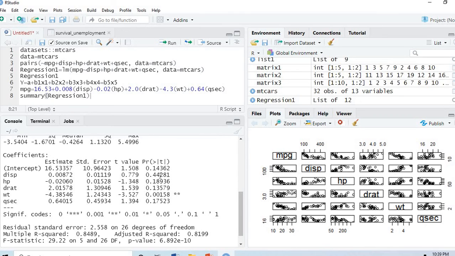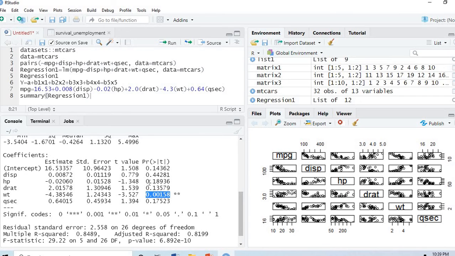Now in this case, the p-value is only significant for the weight. And what is the value? The value is 0.00158, that is significant at 5% level of significance. The rest of the p-values of DISP, HP, D-rate and Q-sec are more than 0.05, so all these values are insignificant.